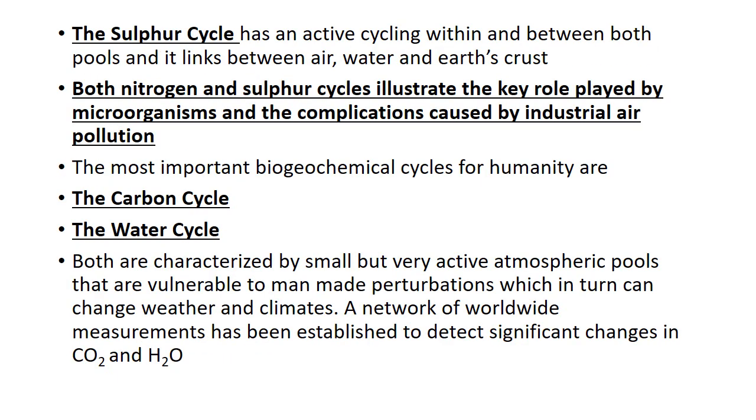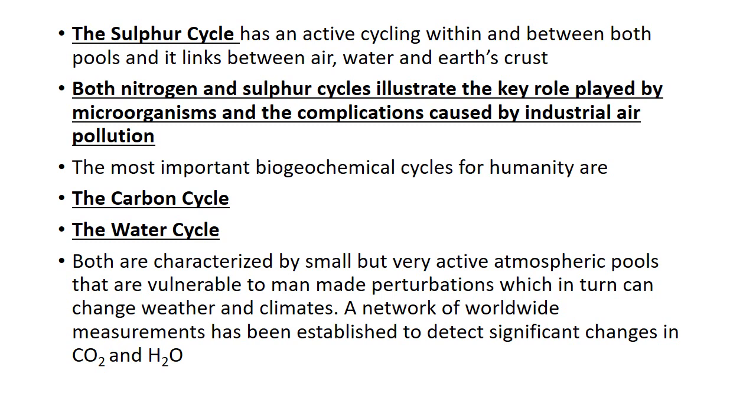The sulfur cycle has an active cycling within and between both pools, and it links air, water and Earth's crust. Both nitrogen and sulfur cycles illustrate the key role played by microorganisms, and a number of microorganisms are involved in the cycling of nitrogen and sulfur.